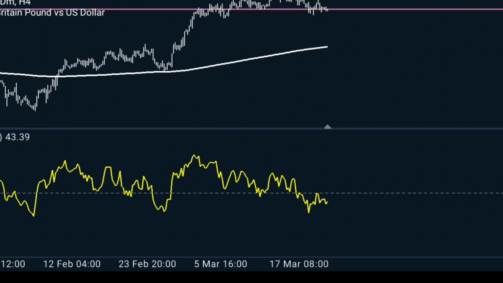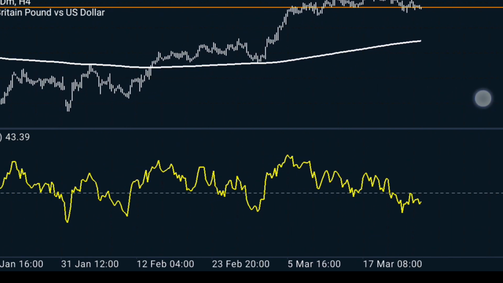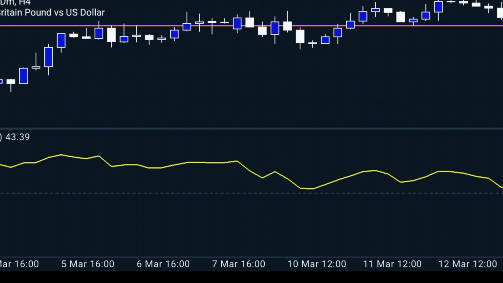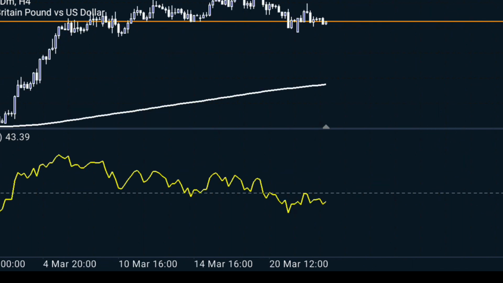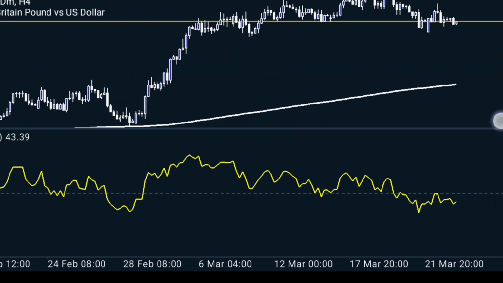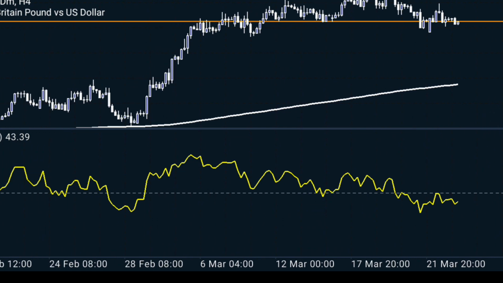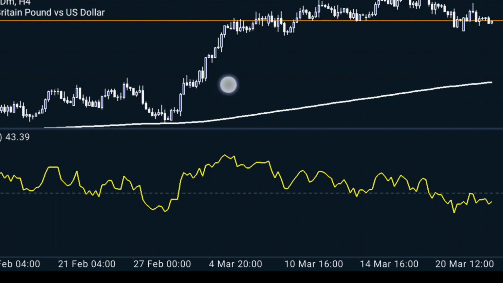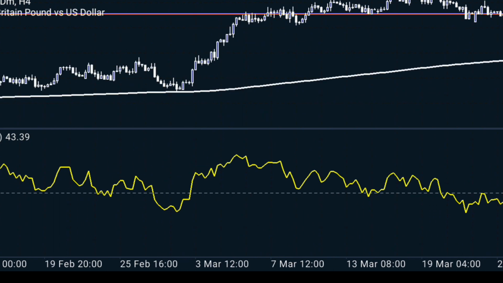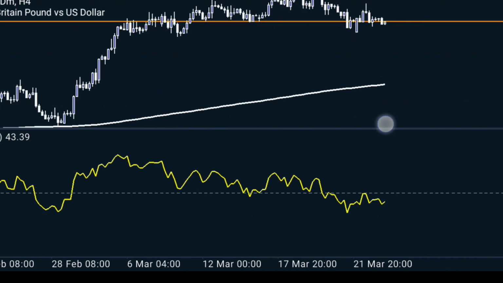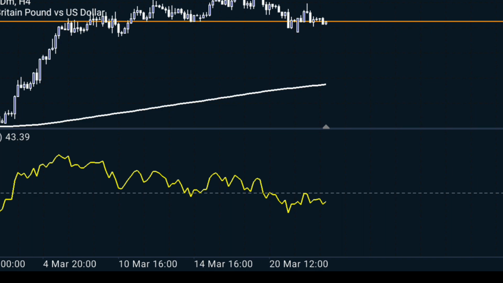So let's see. You can also see according to our 200 moving average, it is also showing us that the market is bullish. So you can see, our tools at this point showed us that the market is bullish. So we could make a buy here.